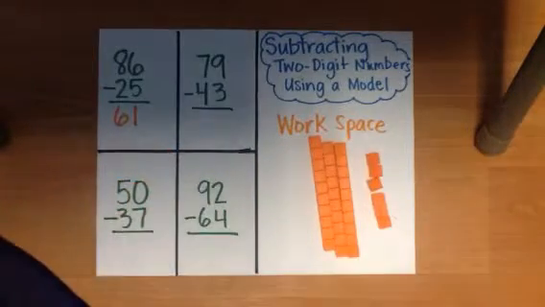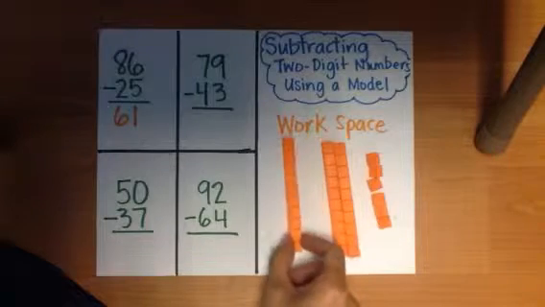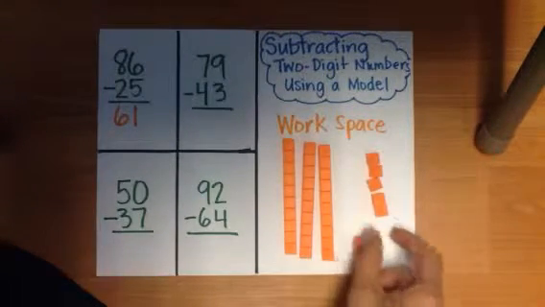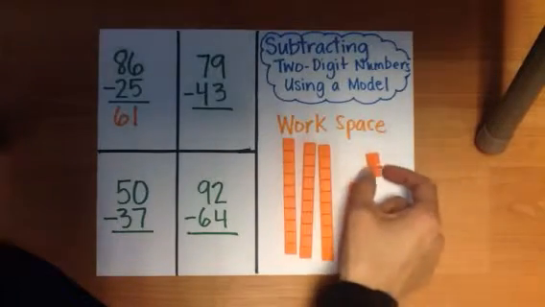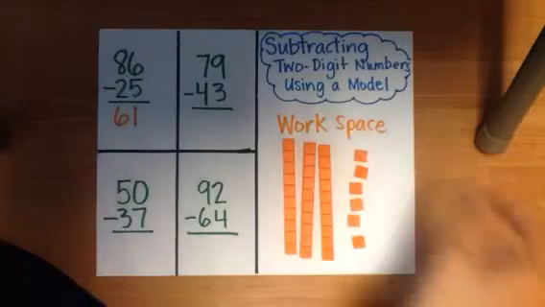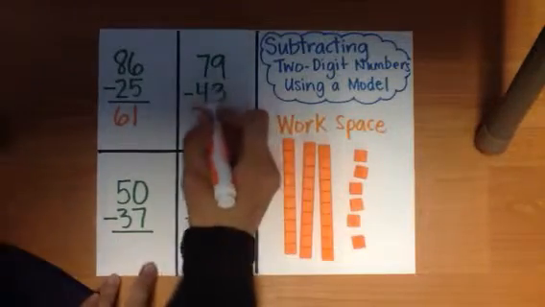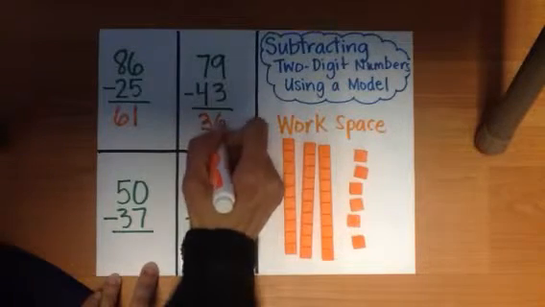Let's get rid of that and count how much we have left. We have 10, 20, 30, 31, 32, 33, 34, 35, 36. So 79 minus 43 is what? 36.